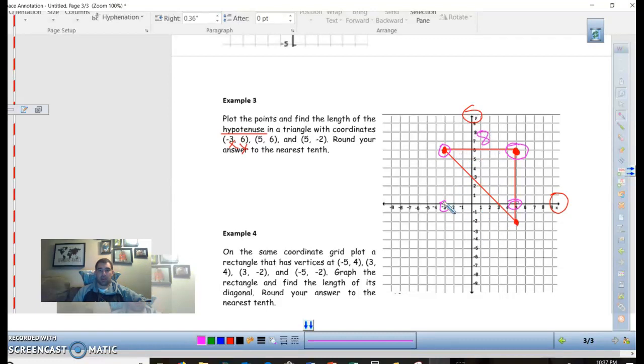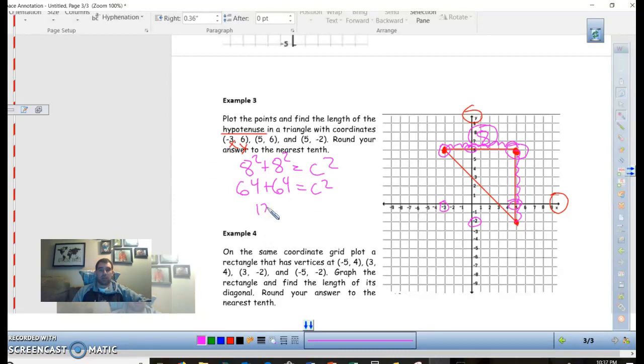That's 8 units, 1, 2, 3, 4, 5, 6, 7, 8. We're at -2 to 6. That's 8 units. So we have an 8 squared plus 8 squared equals c squared triangle. 64 plus 64 equals c squared.